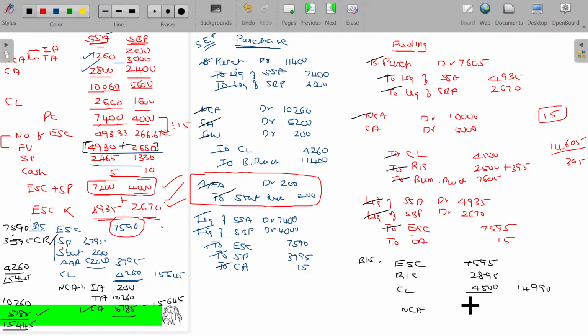Non-current assets 10,000, current assets being 4,985, total 14,985. 5 rupees difference is there. Probably equity share capital 7,590. Okay. Now it's tallied, right? Yeah, come on, finish up copying this.